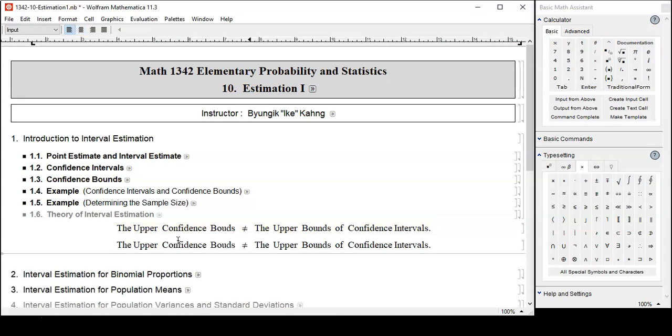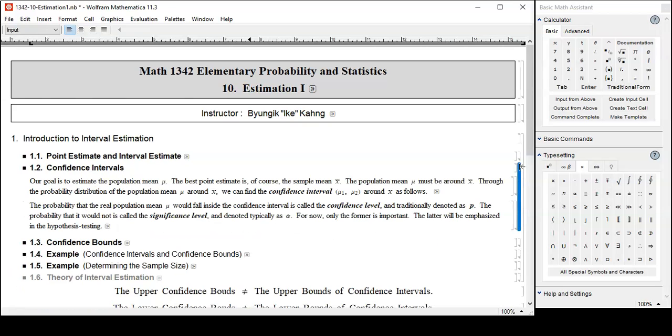Likewise, the lower confidence bounds versus the lower bounds of confidence intervals, they are not the same, they're different. Which is which? Let's go back here.